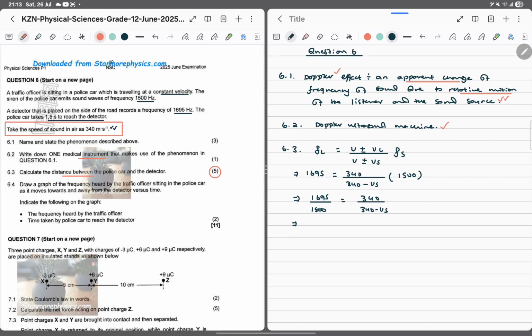So 1695 divided by 1500, we get 1,13. Then, when we cross multiply, 340 minus Vs is equal to 340.